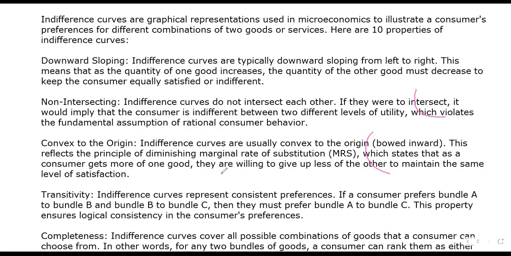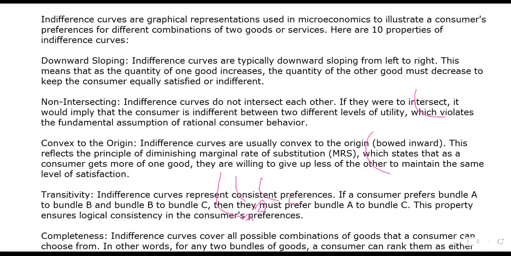So if A is lower than B, and B is lower than C, the consumer will prefer C to both of them. This property ensures that we have logical consistency when dealing with indifference curves. All right? Are we following? Are we together?